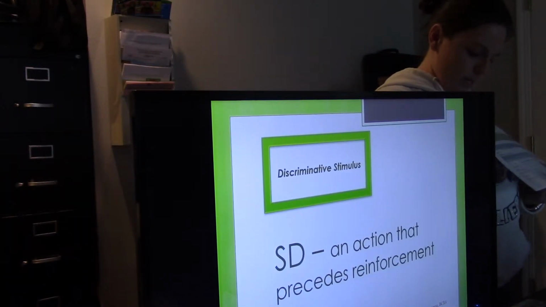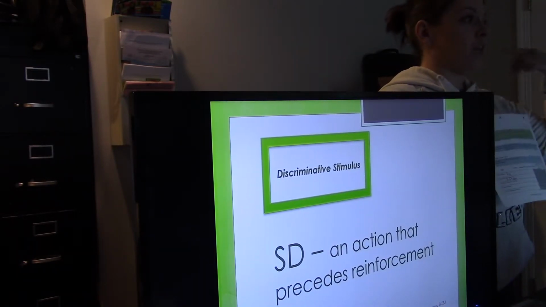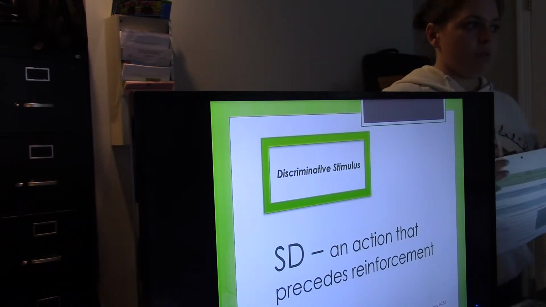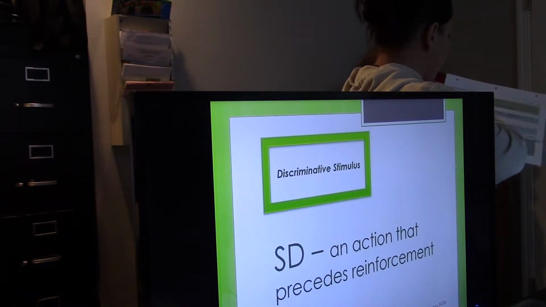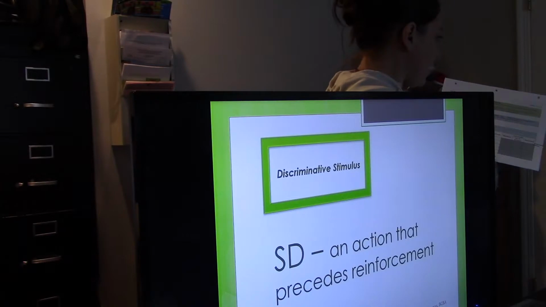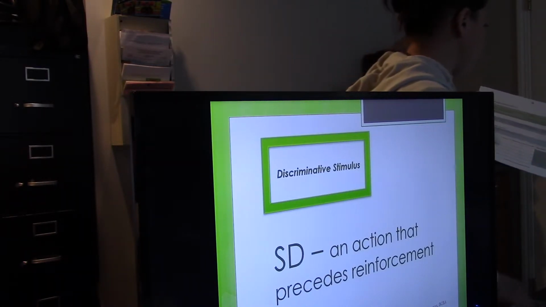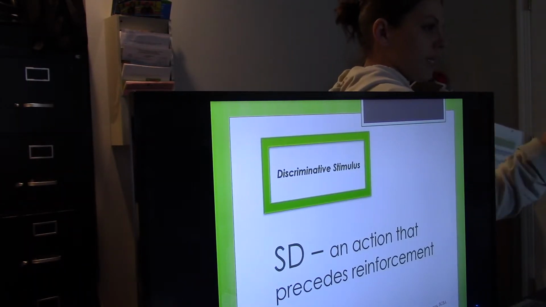But here it is in our top green corner, SD. That's our direction, basically. It's the action that precedes the behavior. So, present the individual with a field of 1, 2, or 3 flashcards of letters. Hand another flashcard that matches one in the field and say, match. That's our direction. That's the SD.